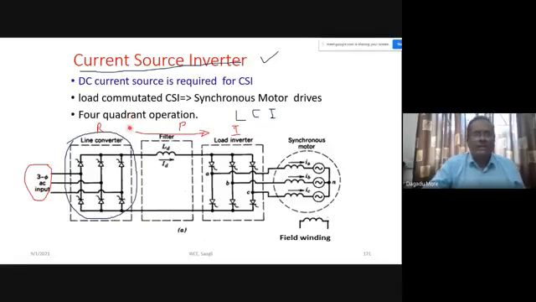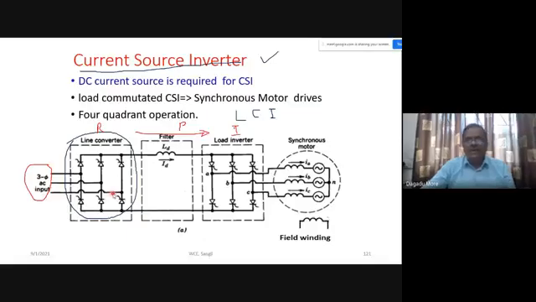These converters come under line commutation. Our converters, all 6 pulse, 3 pulse, 2 pulse fully controlled converters, the rectifiers, use line commutation. It means the supply voltage itself is used to turn off the thyristor. So that is line commutation.